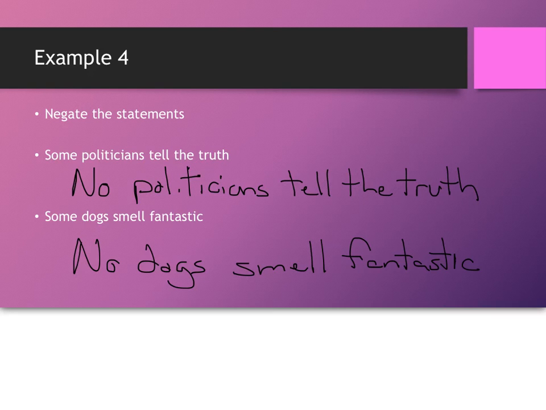If I say some politicians tell the truth, you'd have to prove to me that no politicians tell the truth. By the way, there are other ways to phrase that, but I'm not going to go into that. We talked about equivalent statements with no's and all's and things like that. But there you go. You can now negate any of these conditional statements that you want.